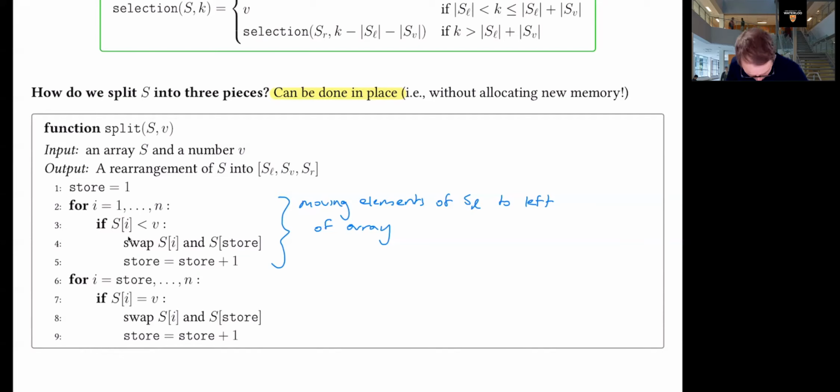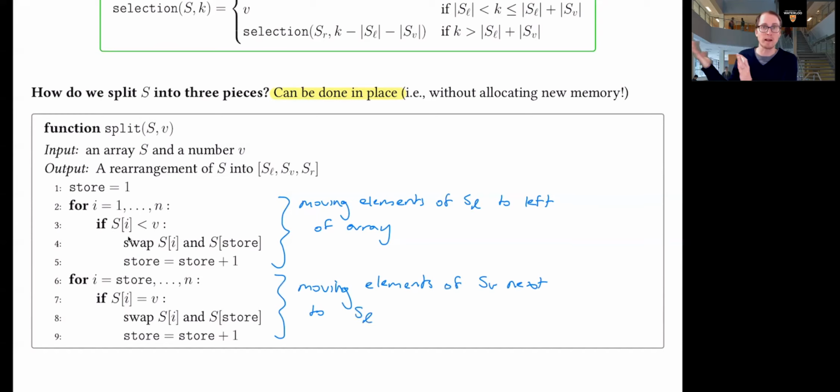And then this part, when we get to it, I'll explain after, is moving the elements of SV next to S left. And then at that point, S right will be all that's left over, and so it will necessarily be at the right of the array.